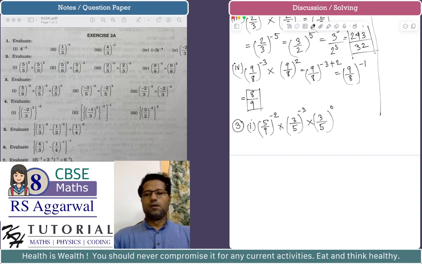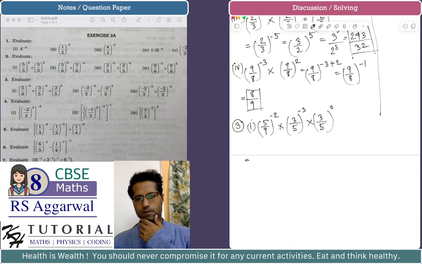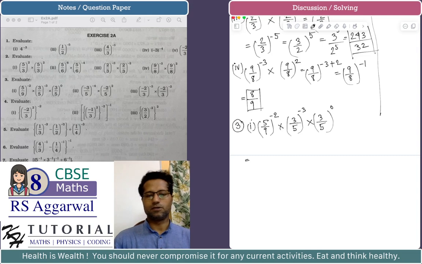Now you have to observe little things very carefully. Any non-zero rational number raised to the power 0 is always 1. So (3/5) raised to the power 0 becomes 1. So we have (5/9) raised to the power minus 2 multiplied by (3/5) raised to the power minus 3 multiplied by 1.